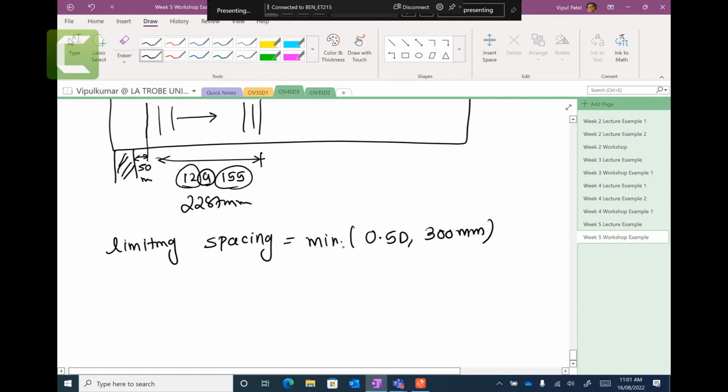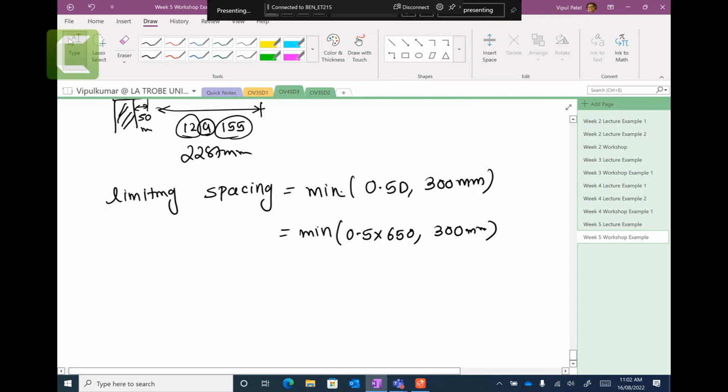Minimum of 0.5D and 300. I think the D is 650. So 650 times 0.5, you get 325. Minimum of 325 millimeters or 300 millimeters. So your limiting spacing is 300 millimeters.